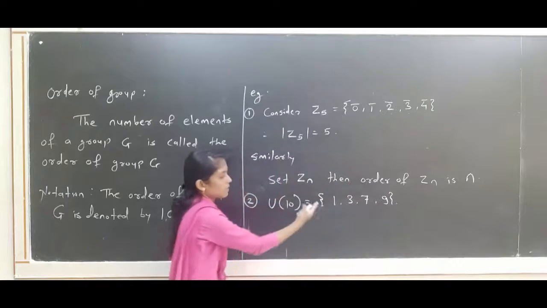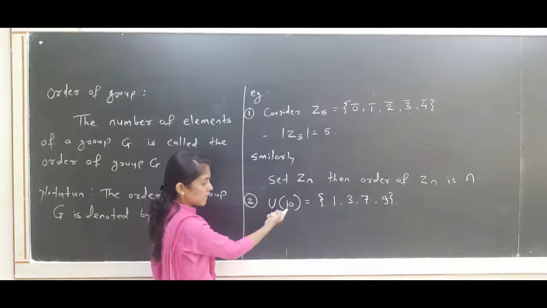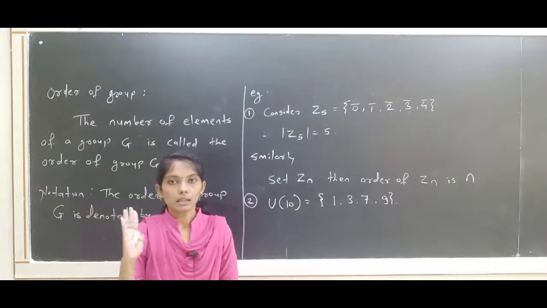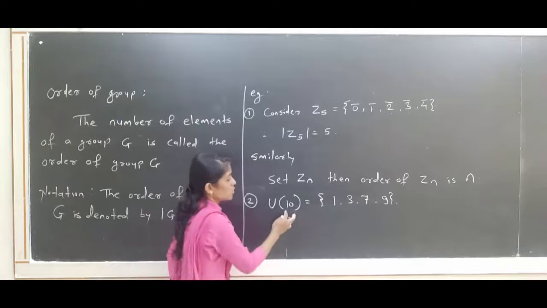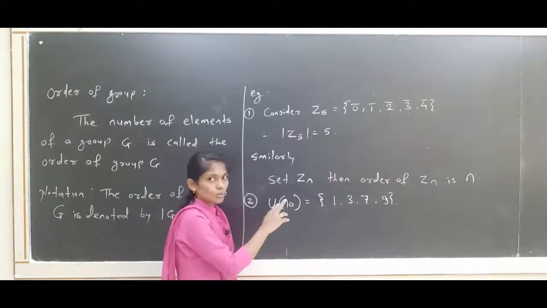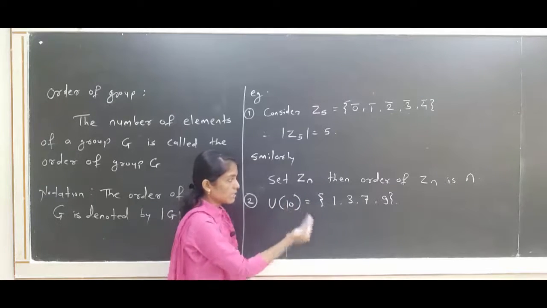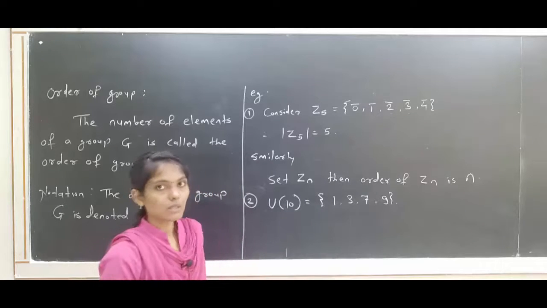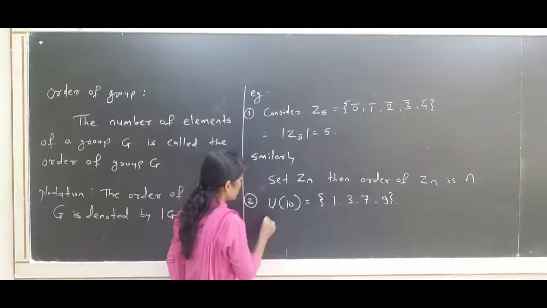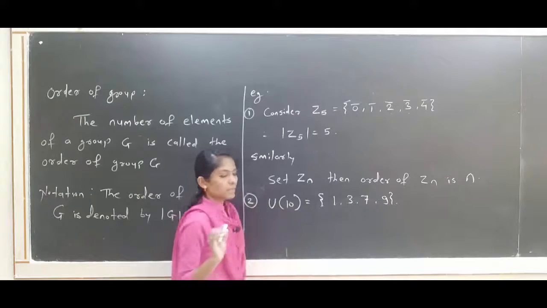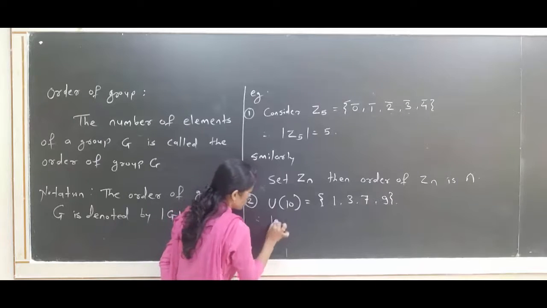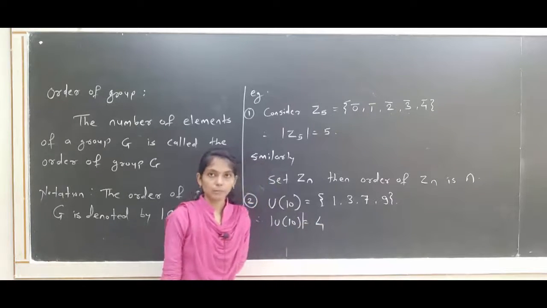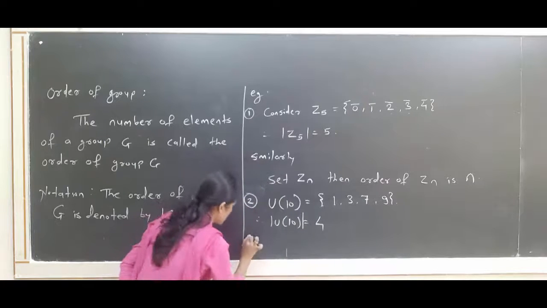Relatively prime means the GCD of these two numbers, that is (1, 10), (3, 10), (7, 10) and (9, 10), is equal to 1. So U of 10 contains 4 elements, therefore order of U10 is equal to 4. Get it? Now we consider the next example.